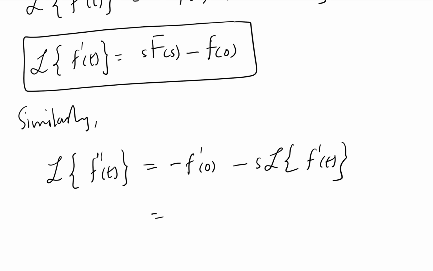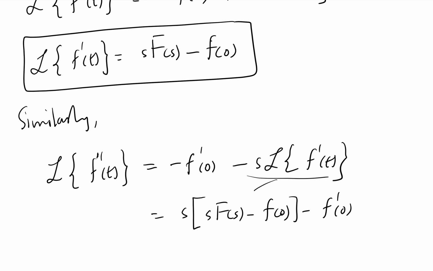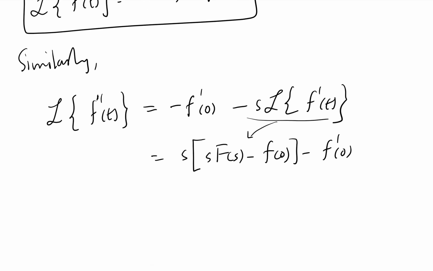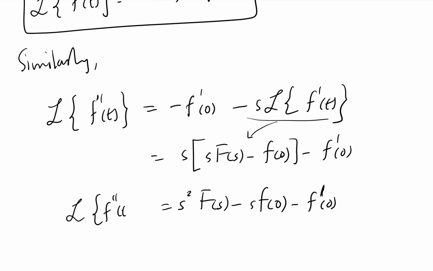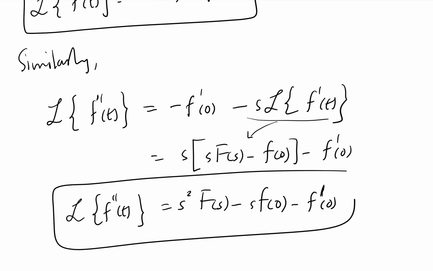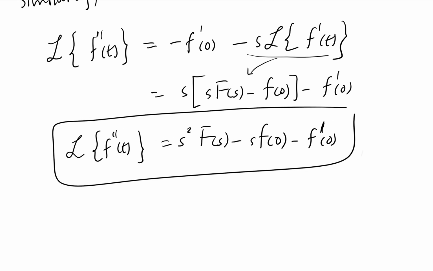And then this will be s F of s minus f of 0, minus f prime of 0. So this goes here. Or it can be rewritten as s squared F of s minus s f of 0 minus f prime of 0. Notice the difference between small f and capital F. So that's the Laplace formula for the second derivative. You can do it for the third derivative, the fourth derivative.